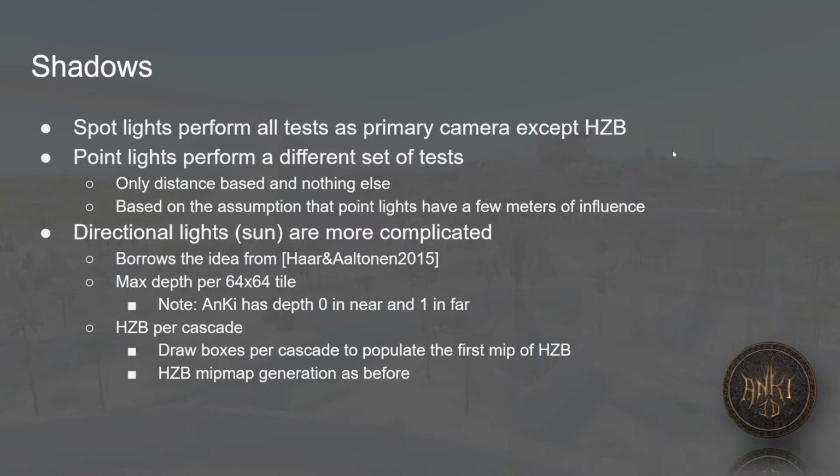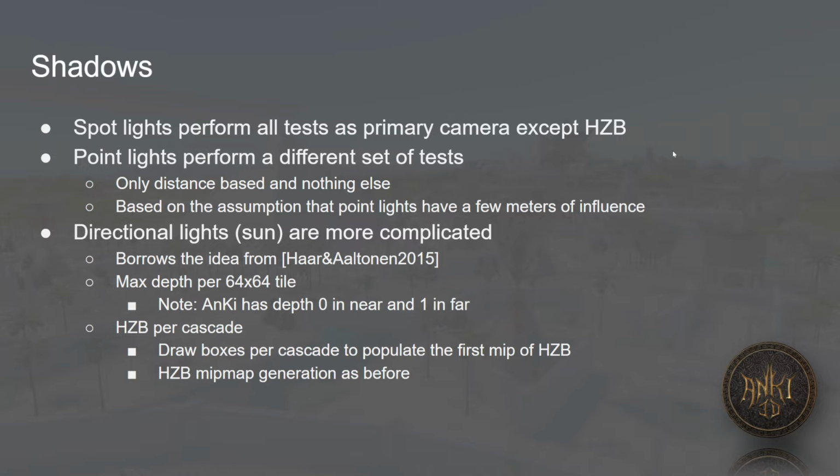This is another case where the sphere comes into the picture. And this is based on the assumption that the point lights only have a few meters of influence, so they don't need a more sophisticated occlusion culling scheme.